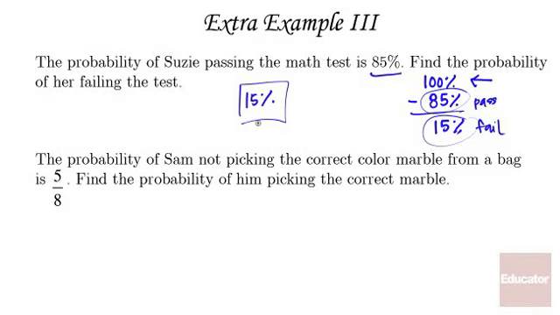The second one, the probability of Sam not picking the correct color marble from a bag is 5/8. Find the probability of him picking the correct marble. Okay, so the probability of Sam picking the correct marble.